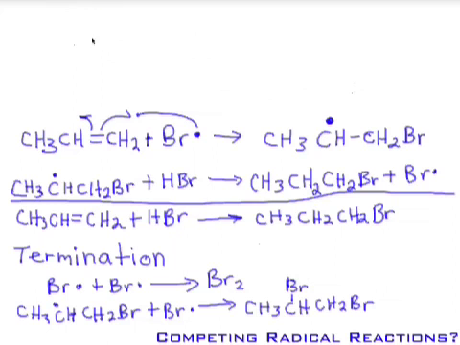Why did you have Br dot go for the pi bond? Why didn't you have the Br dot grab an allylic hydrogen off of the sp3 carbon next door to the double bond?